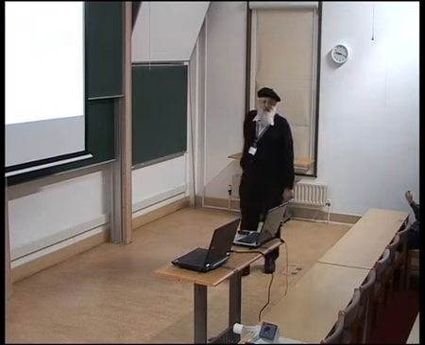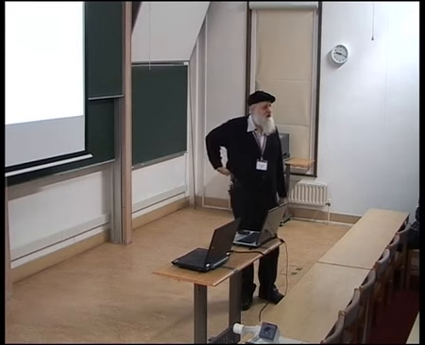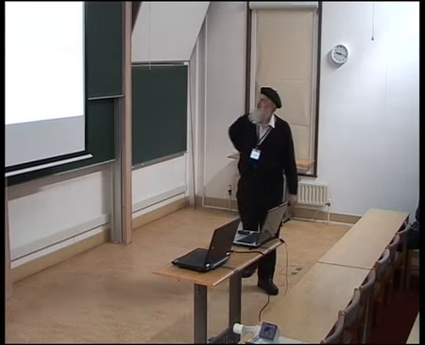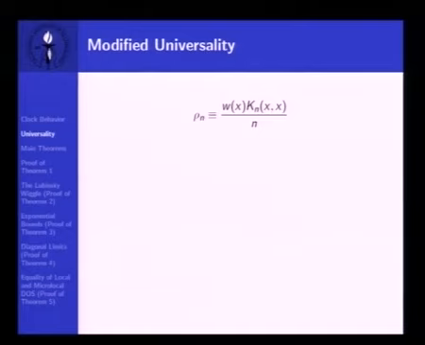So I'm going to talk for a second. I want to emphasize that often one is interested in what I'll call modified universality. So one can define an approximate, quote, density.